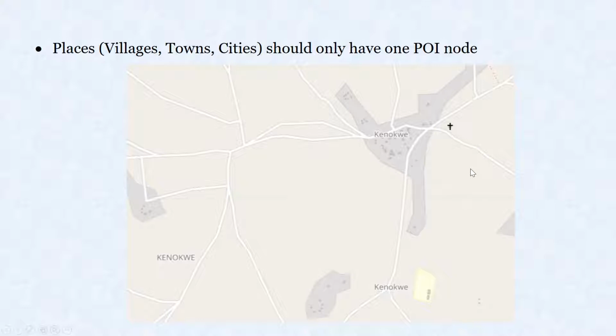Now, if we want to use the central part of the village for the point, these three nodes should be combined together, and I will show how to do that.